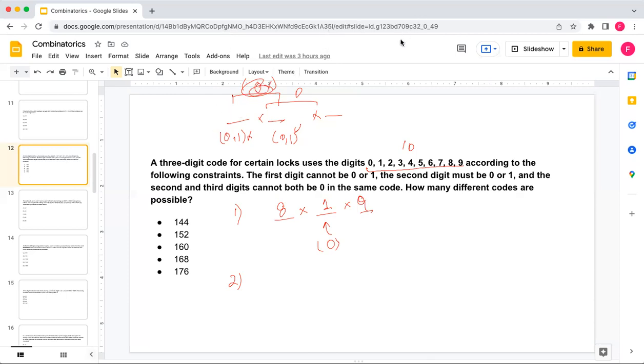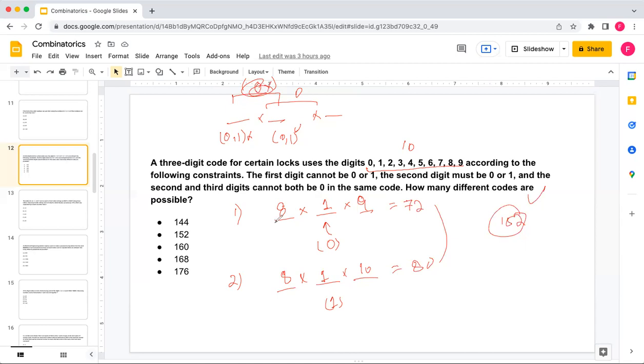Now, if you see the second condition, again, this will be 8. And now if you pick 1 for this, there is 1 way. And now you can pick 0 for the last as well. So this will be 10. So this is 8 into 9, 72. And this is 80. Just add those, that will be 152.